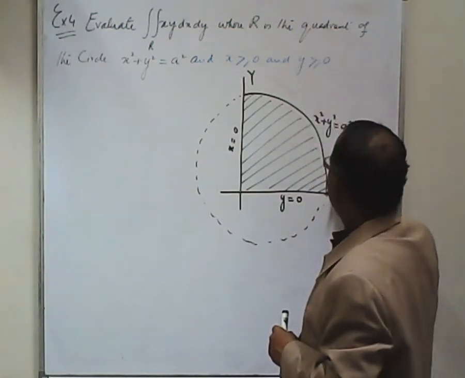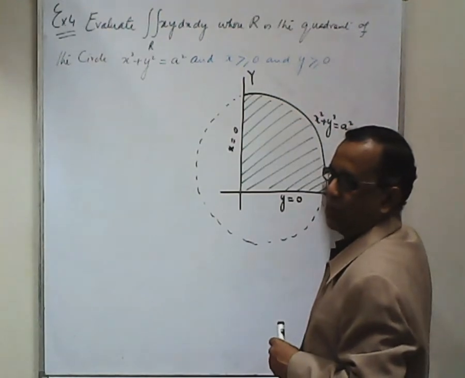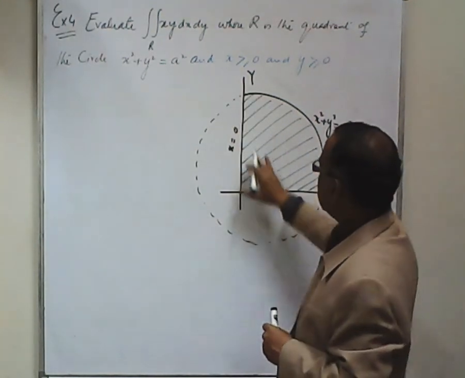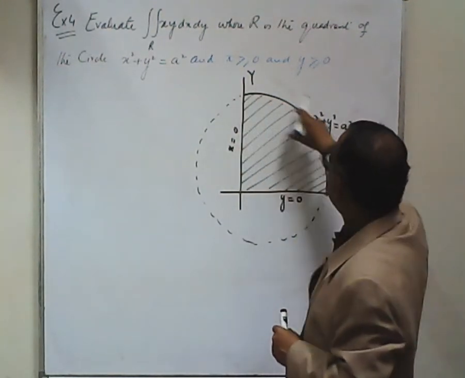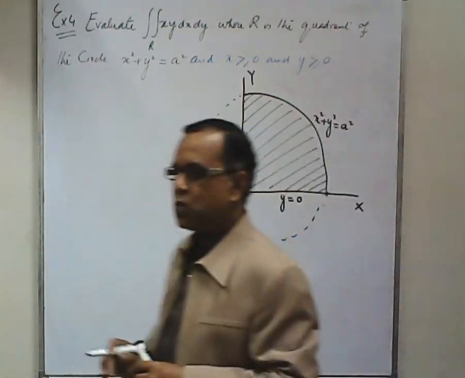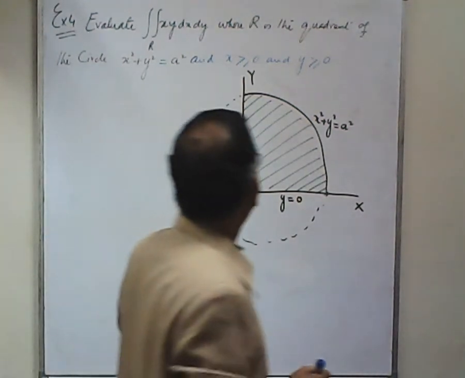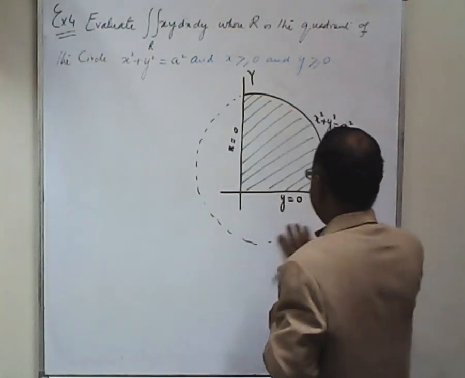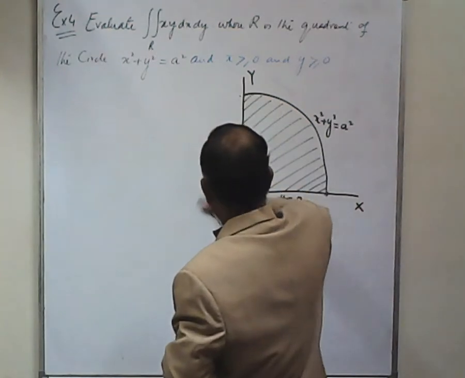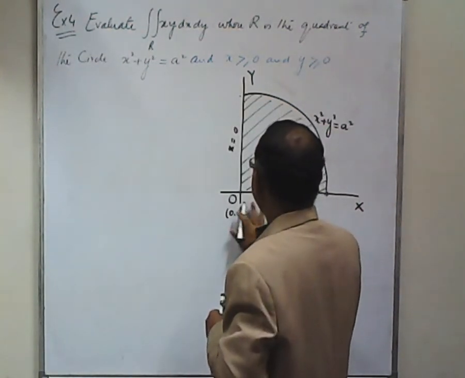So this is the positive quadrant for both x and y. So we need to take the area which is covered by this curve and these two lines. So this is the first quadrant in which we need to find the integration part.